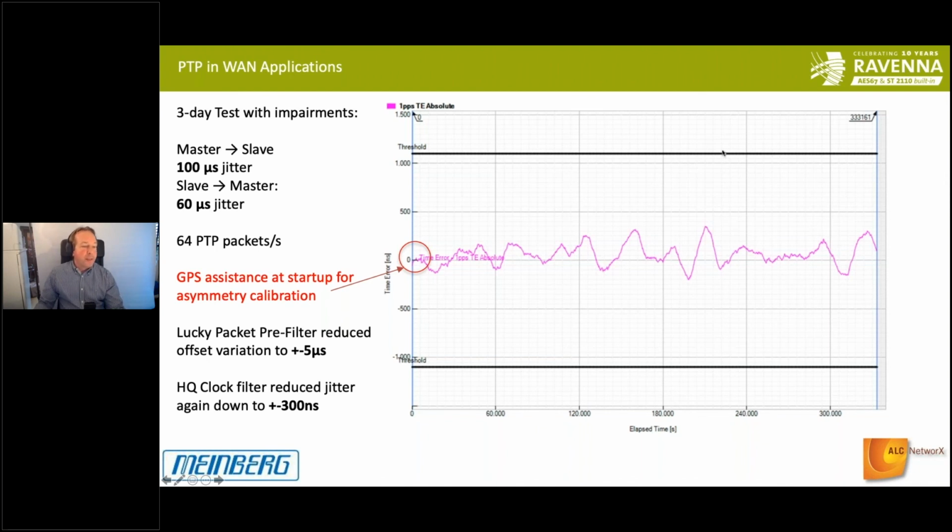So the lucky packet filter, which is actually a pre-filter on the PTP card, reduced this incoming jitter to an offset variation of ±5 microseconds already. And these offsets are now sent to the local clock filter. This clock filter then reduced the jitter further, again, down to ±300 nanoseconds, what you see here in this graph over 3 days.